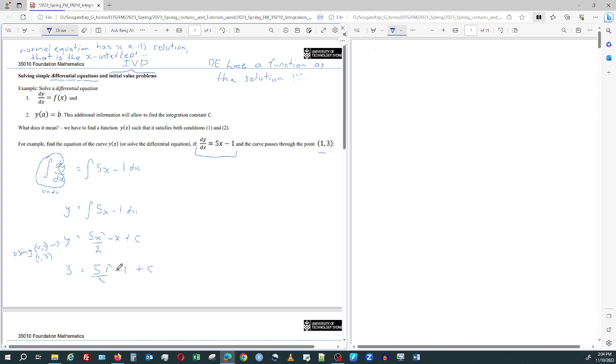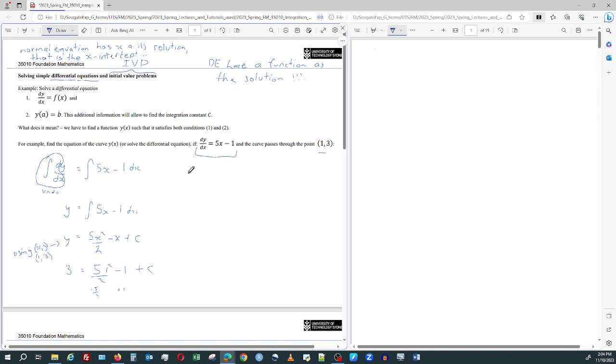So in this case, 5 on 2 minus 1. 1 squared is 1, so 5 on 2. So I need to put it all over 2. So we're going to minus 5 on 2 and plus 1.